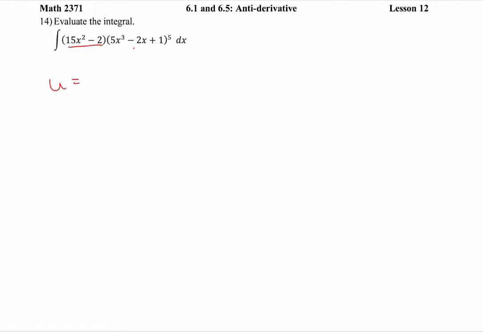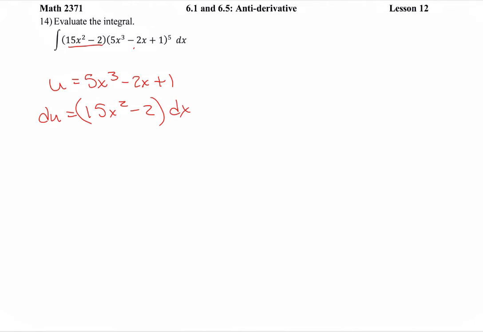But if I take the derivative of this one, so if I let u equal 5x cubed minus 2x plus 1, and I find du, notice I get (15x squared minus 2) dx.